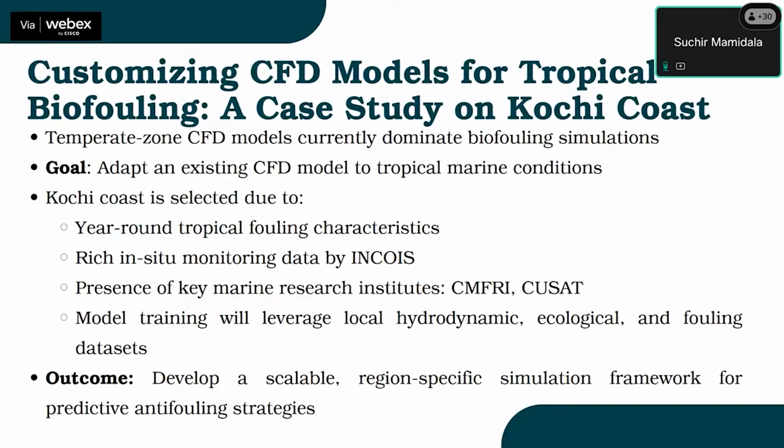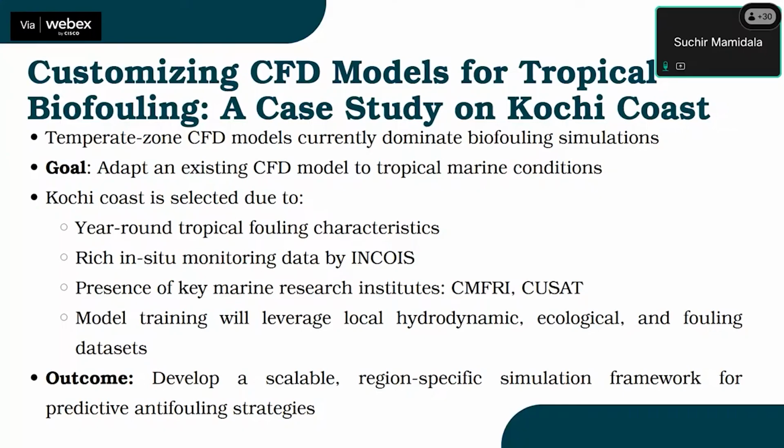So, in this phase of the digitalization project, I'm currently trying to adapt a temperate zone CFD model for use in the tropical regions in the Indian subcontinent, where factors like biodiversity, water temperature, and fouling rates differ significantly.